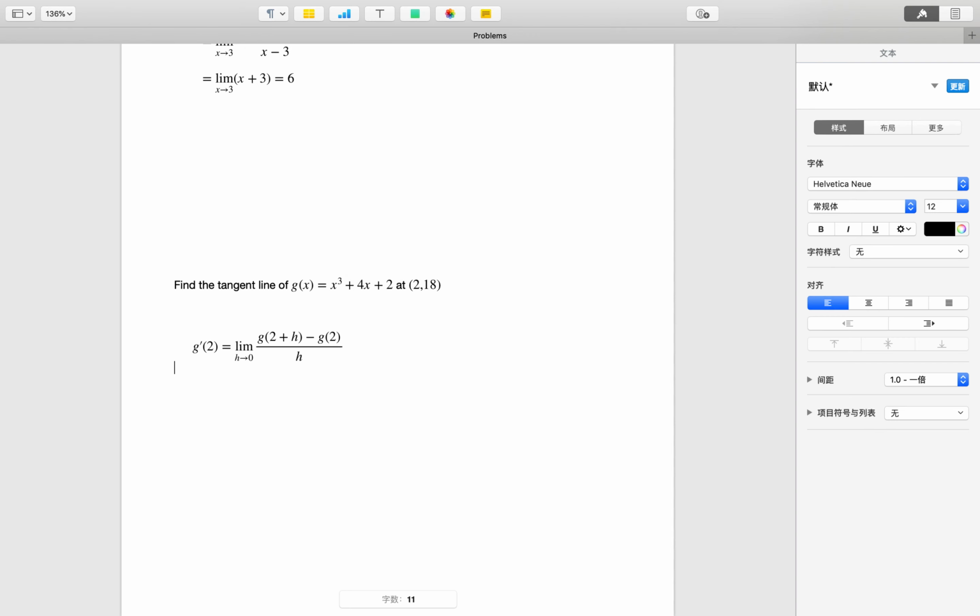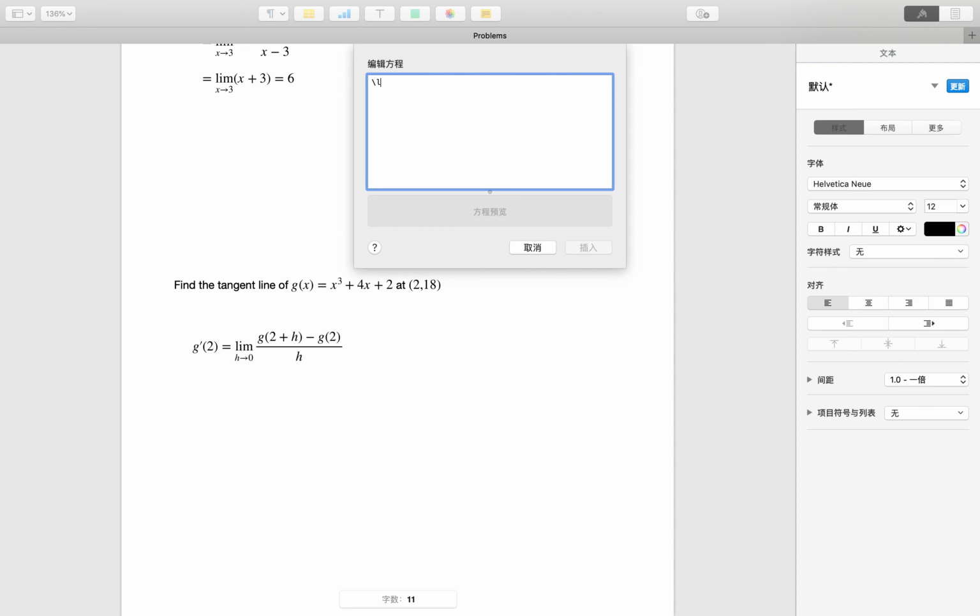Here it is, and you expand the numerator of this limit. The limit as h approaches 0 of 2 plus h cubed plus 4 times 2 plus h plus 2.